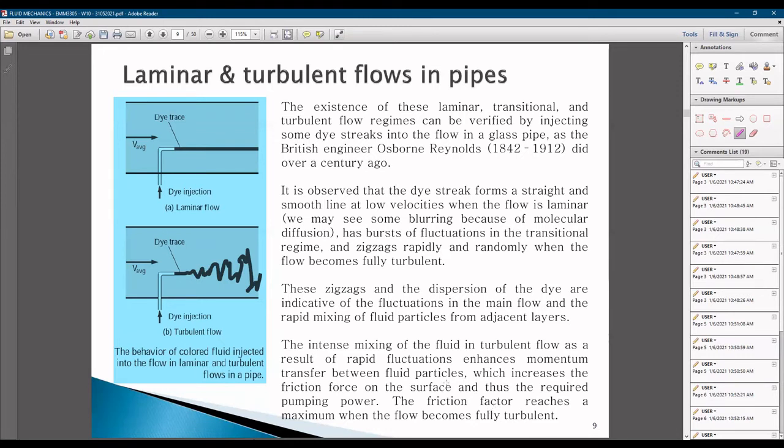As you can see on the left, we have two conditions. On the top we have a laminar flow and the dye trace is in a straight line. Down here we have a turbulent flow, and the dye trace becomes chaotic, random.